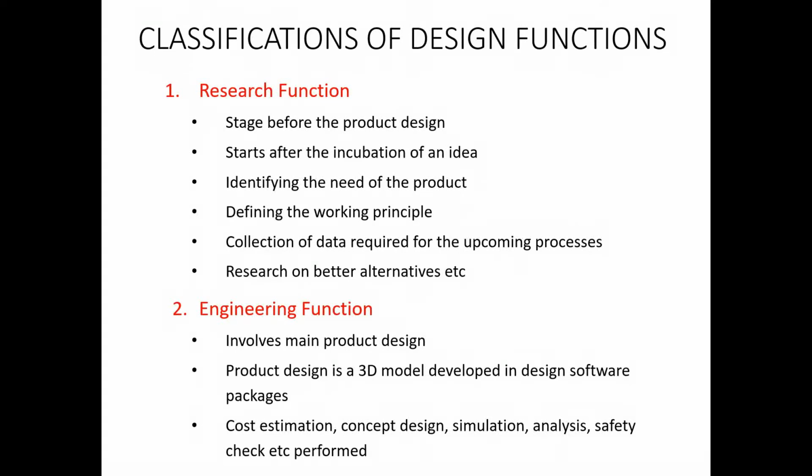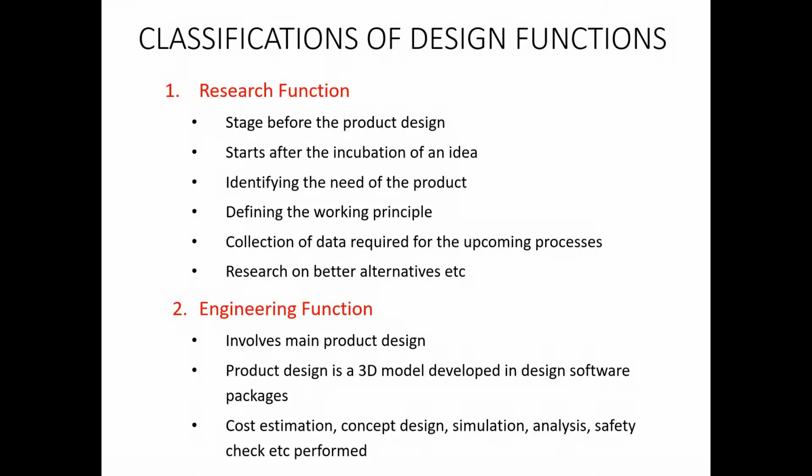After we research and agree to start the design phase, we proceed towards the engineering function. The engineering function is where the actual design starts. We first make a preliminary design, which is actually a sketch that does not have any accurate dimensions.